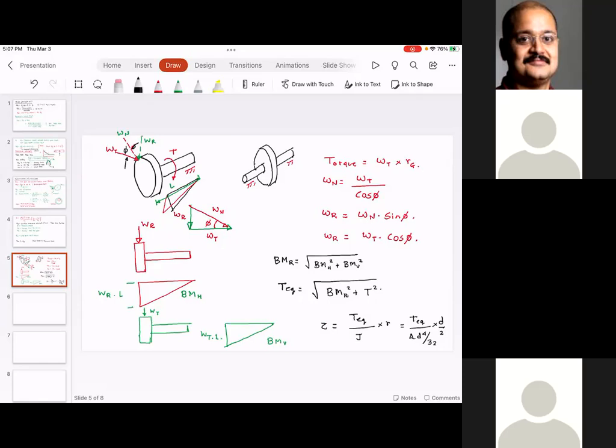You will again draw the bending moment diagram in the horizontal plane and in the vertical plane. There will be a bending moment diagram something like this, and another something like this.